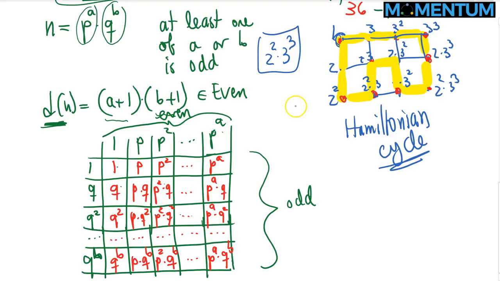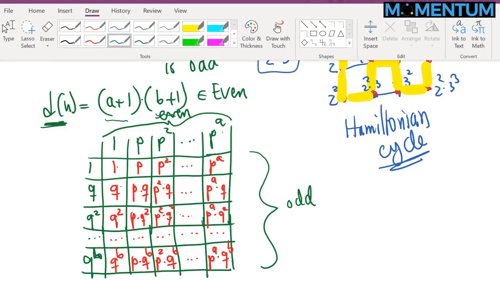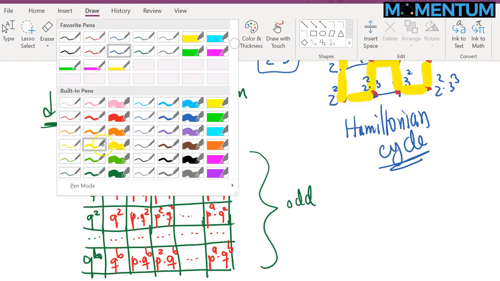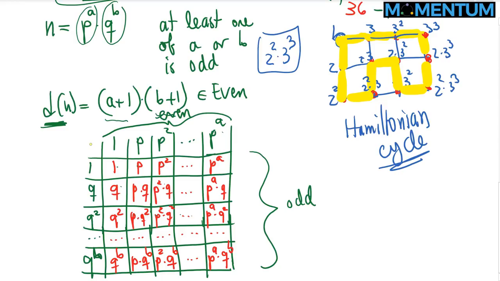Why? Because one of the edges is an even number. So if you have the columns an even number, what it will tell us is that when you start from a vertex, you go down, go down, dot, dot, dot, go down, and then you go to the next one, and then go up, up, up, and then stop there, and then go to the right.